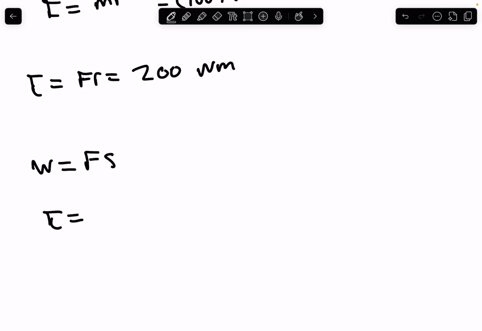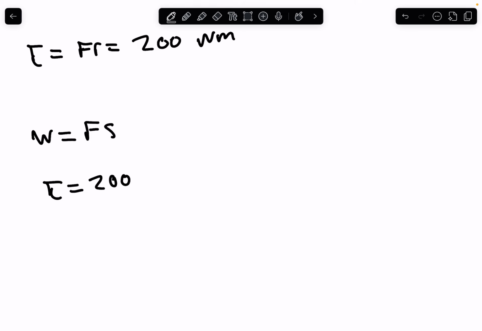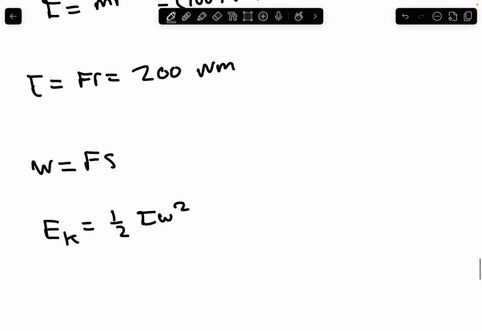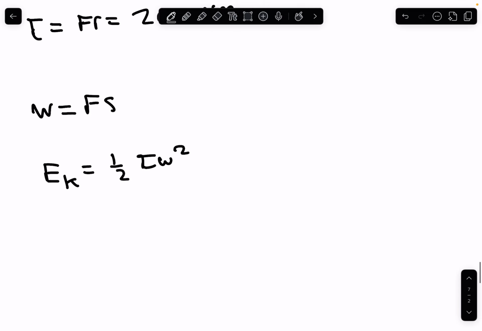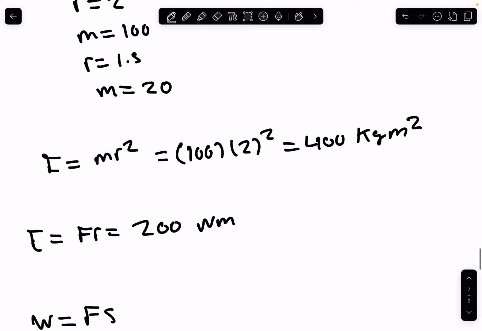Torque equals 200, and it's applied 10 times. Oh yes, I know. Here we actually won't be using this equation, we'll be using the equation for kinetic energy, half I omega squared. I'm assuming in this question that they want the whole moment of inertia of the whole object. Since we already calculated the moment of inertia of the roundabout excluding the handrail, we already know it is 400.